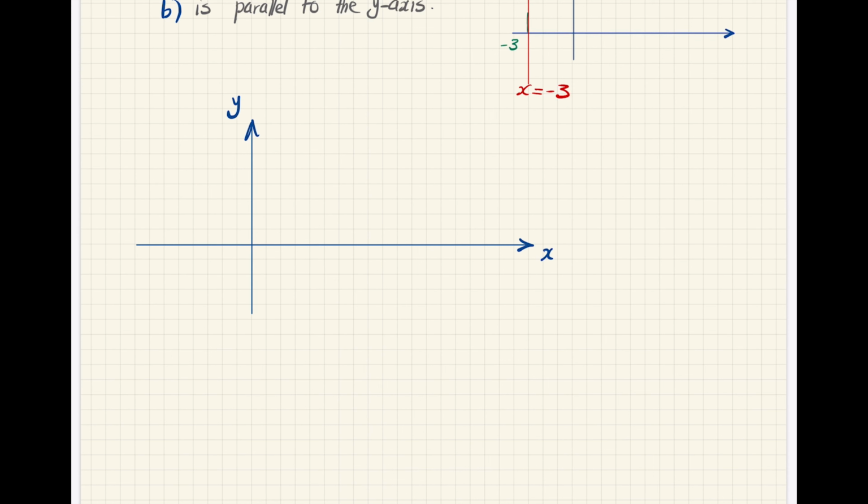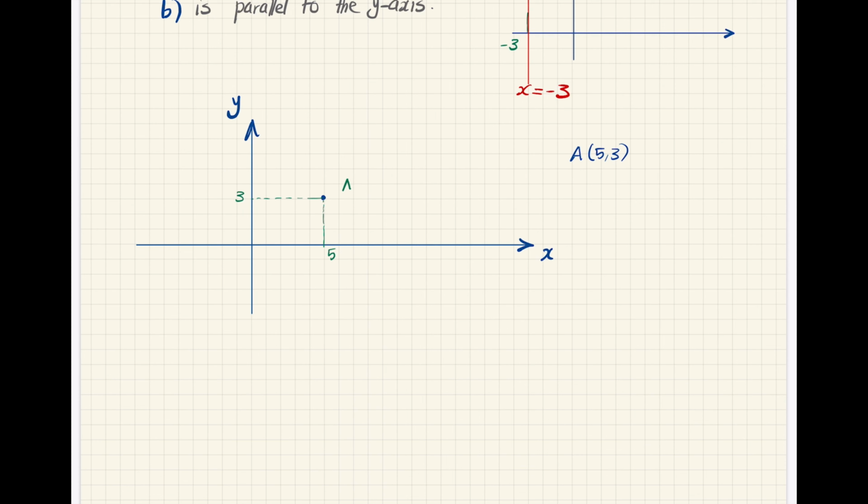For example, let me choose one point here, 1, 2, 3, 4, 5, and say, for example, 3. So this is my point A with coordinates 5 and 3. So let me make it clear for you here. This point here is 5, and here I am assuming that this point has these coordinates.